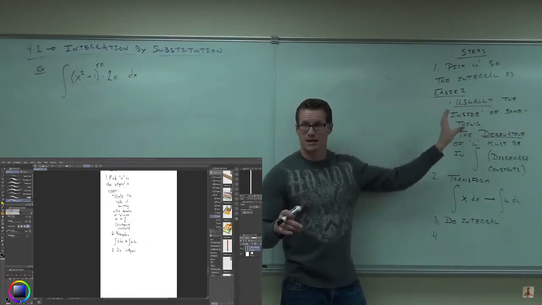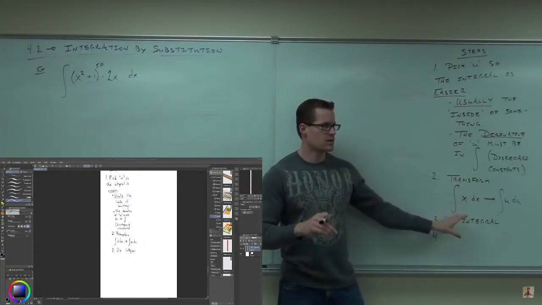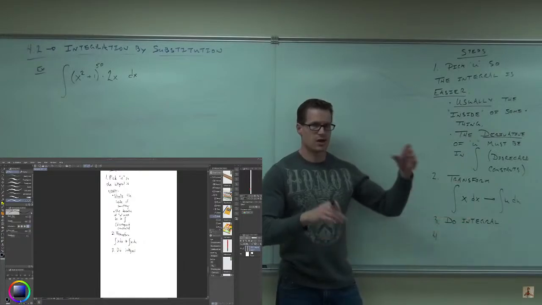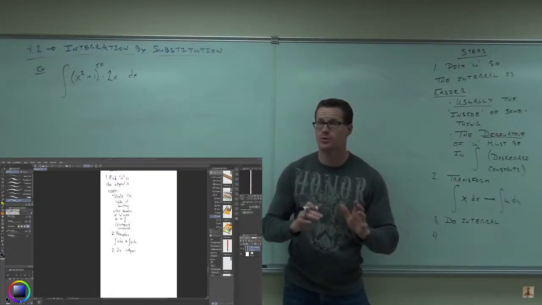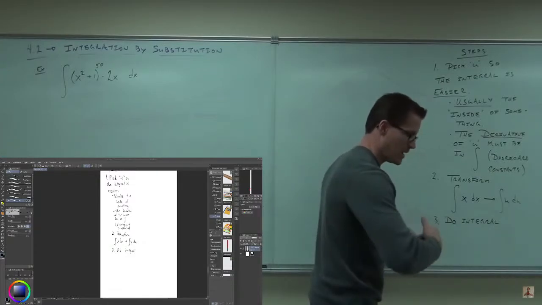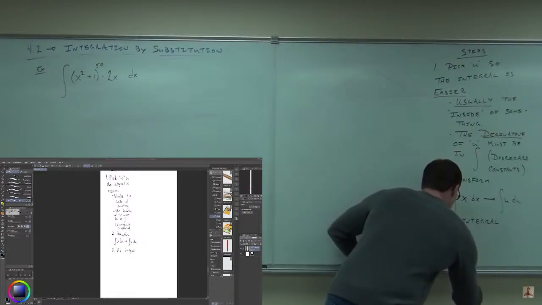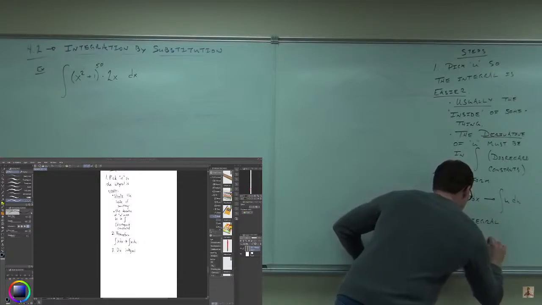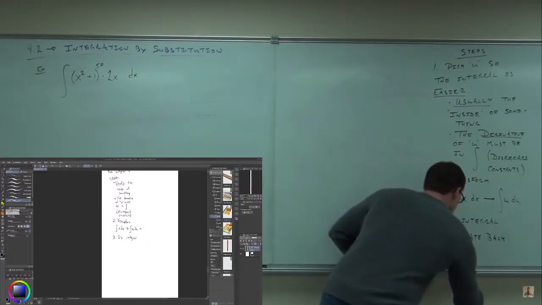Therefore, when you go from dx to du, we got that down, then we're going to do our integral. But you're still going to be in terms of u. So you need to translate it back into terms of x. Does that make sense? You got to end with whatever variable you start with. So translate back to u. I think I said u, I meant x. Translate back to x.